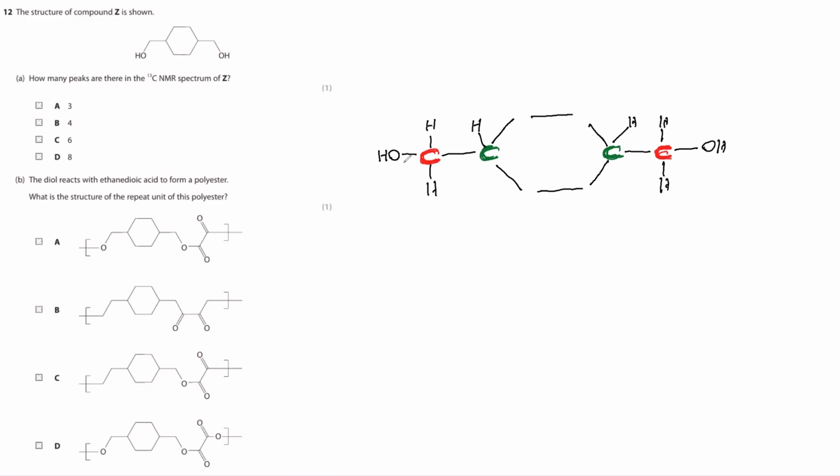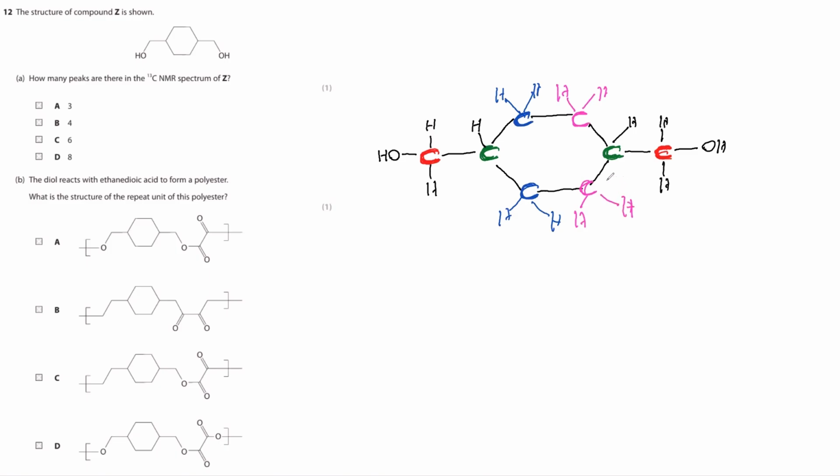Now let's go for this ring. Let's assume I can mark this carbon and this carbon in the same color, because they have a similar structure, similar background. And this carbon, those two also have a similar structure.